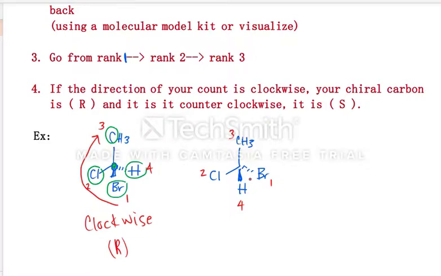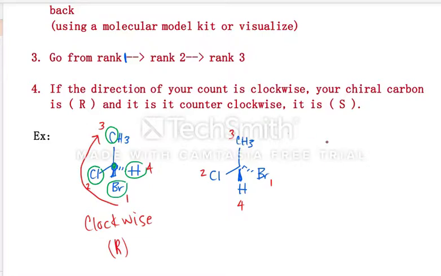If we take a look at this molecule, hydrogen is in the front. So we have to rotate the molecule in such a way that the hydrogen is in the back. Imagine yourself grabbing this hydrogen and turning it all the way to the back. It would look something like this.